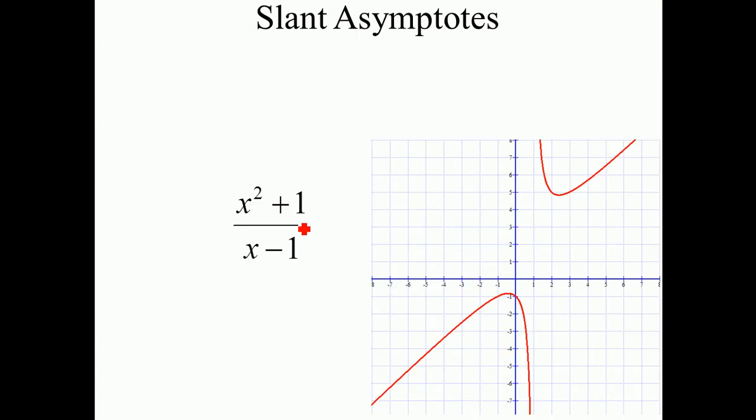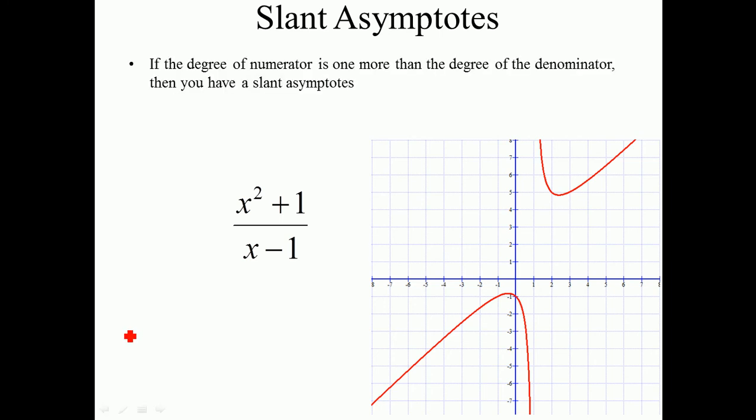The next part I'll talk to you about is slant asymptotes. We've been dealing with horizontal asymptotes and vertical asymptotes so far, but there are slant asymptotes and we have to pay attention to those as well. The way we get slant asymptotes is if the degree of the numerator is 1 more than the degree of the denominator.